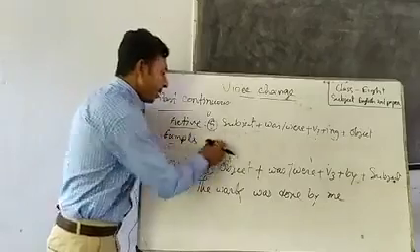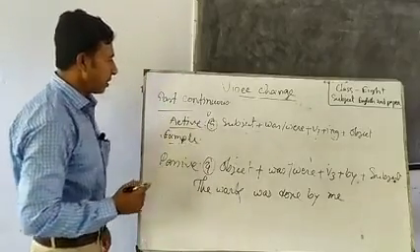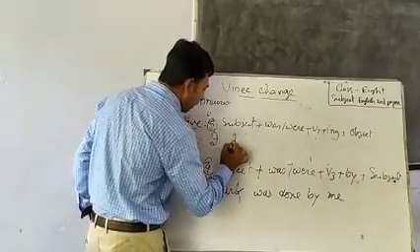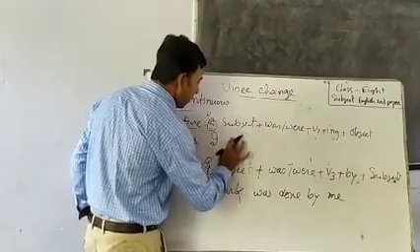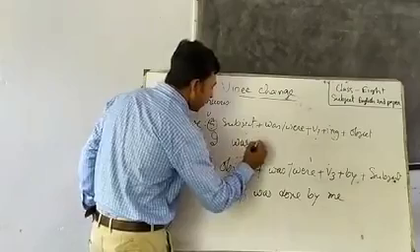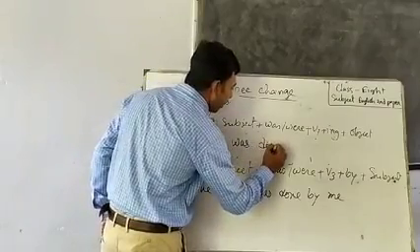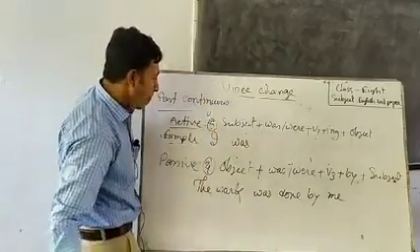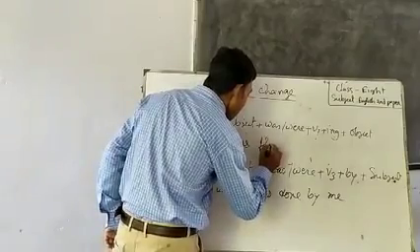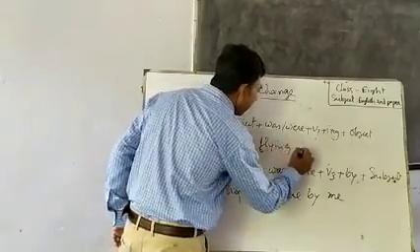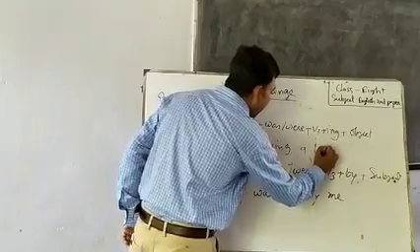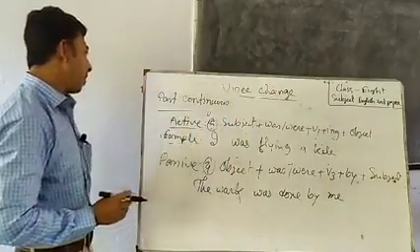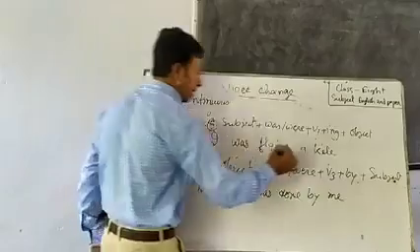And I make here a sentence which is past continuous tense and active also: I was flying a kite. It is an active sentence.